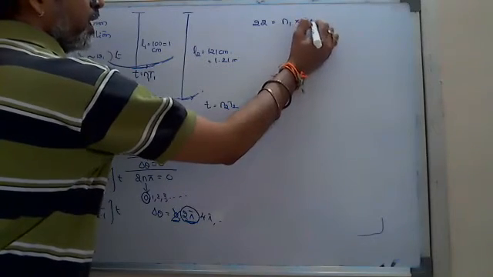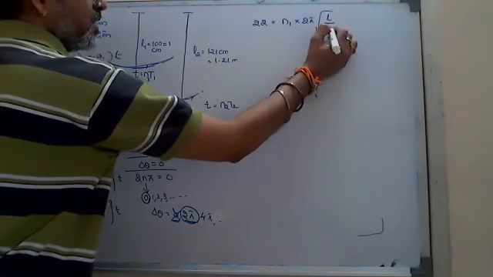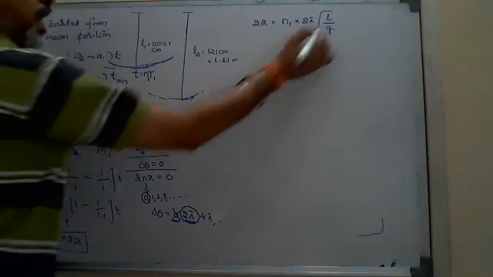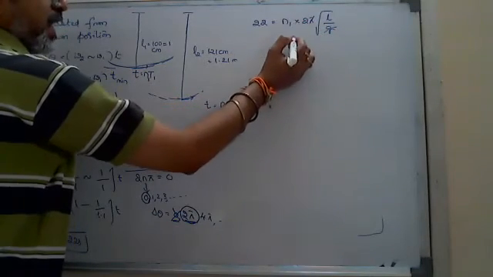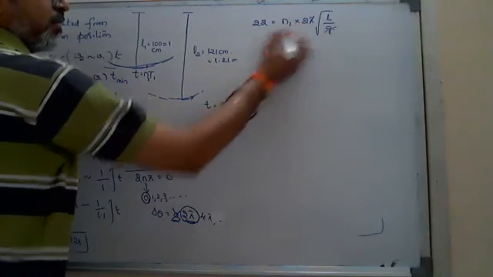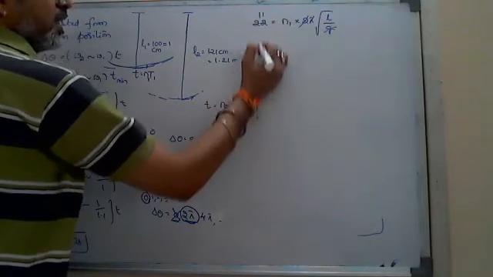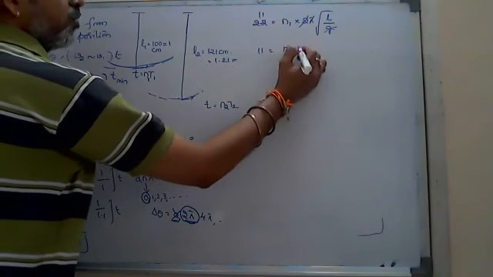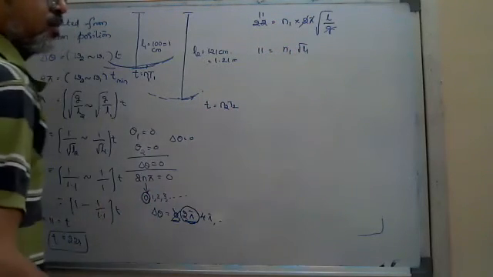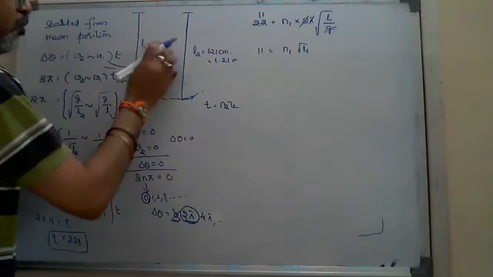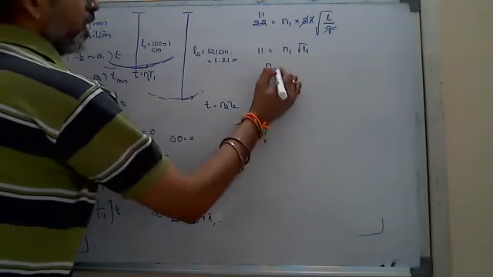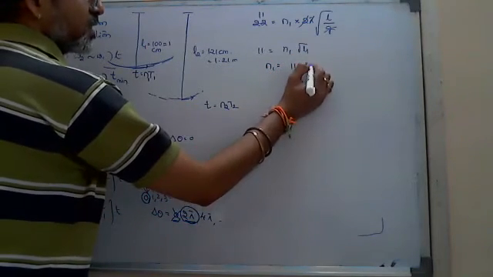T1 is 2 pi root of L by G. Again root G and pi get cancelled. Both have almost equal values and 2 11s are here. So 11 is equal to n1 into root L1. Root L1 is 1 meter. So n1 completed 11 oscillations.